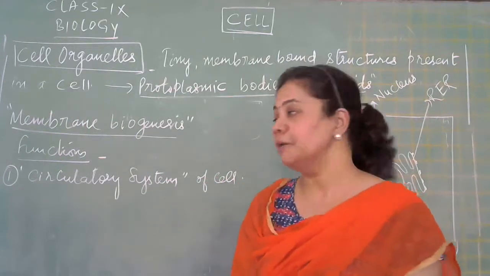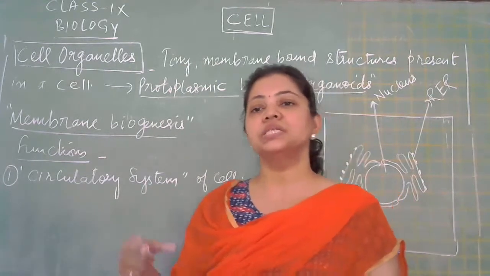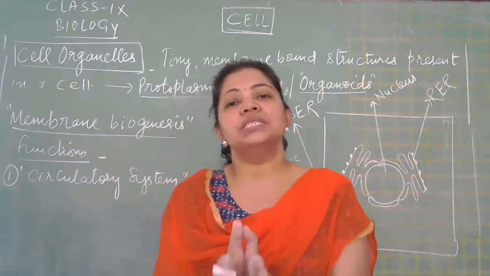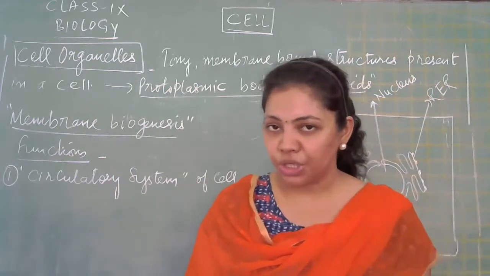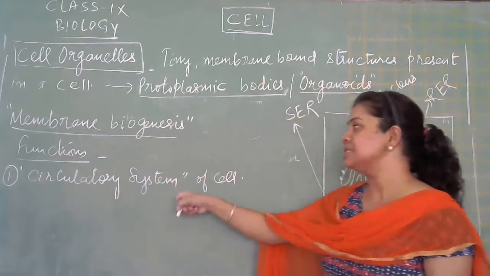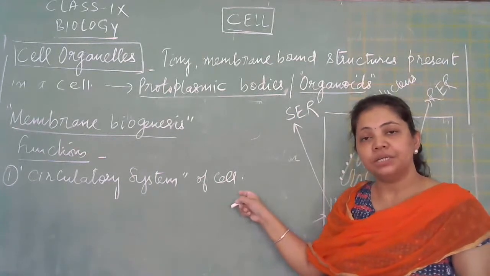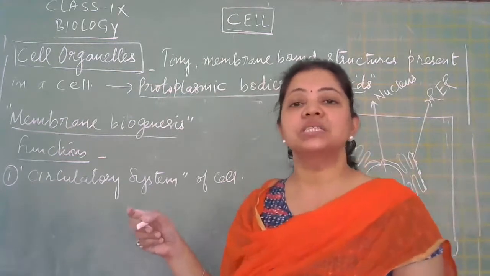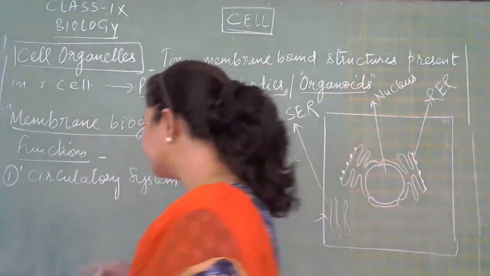In a similar manner, the channels which endoplasmic reticulum forms in the whole of the cell, through these channels various substances are transported in various directions. Since it is involved in the transportation of substances, we say that it forms the circulatory system of the cell. So sometimes we get a question in exam that which cell organelle is referred to form the circulatory system of the cell. So that is endoplasmic reticulum, right?